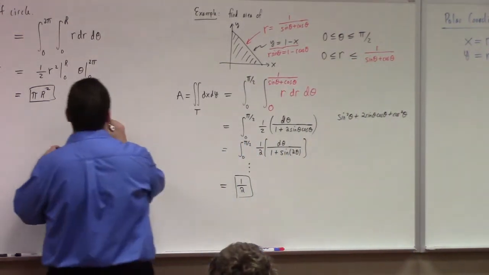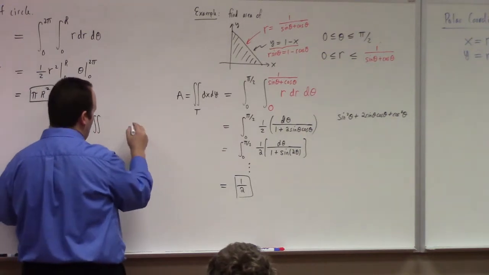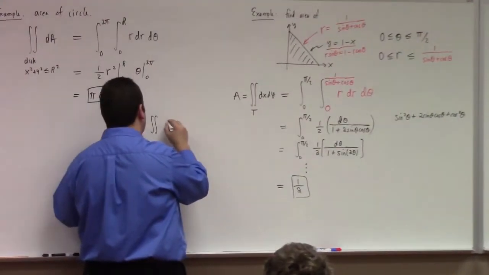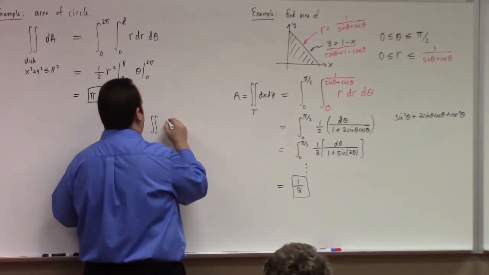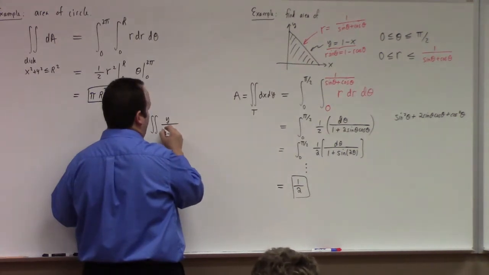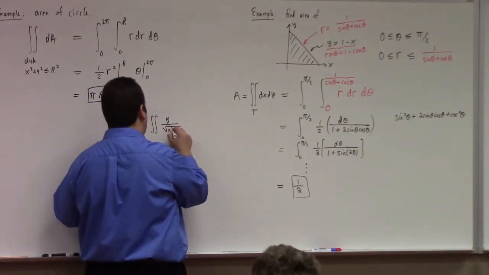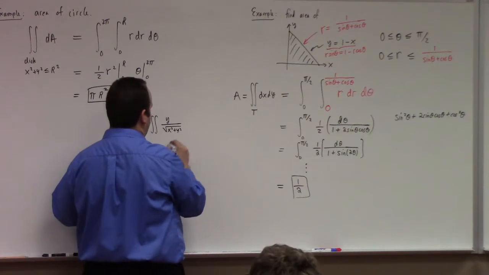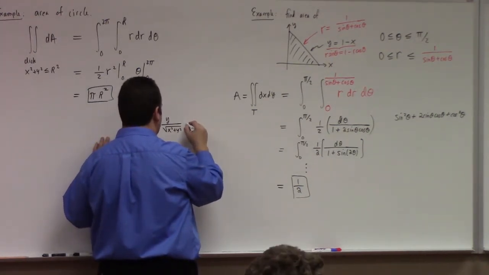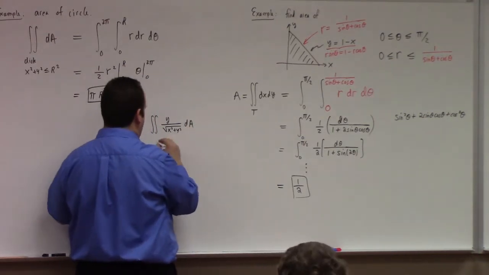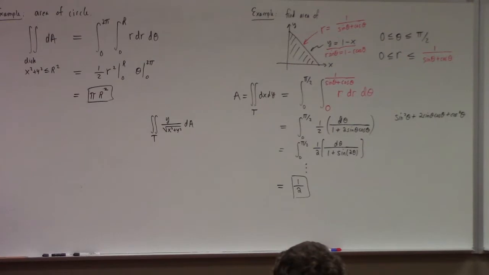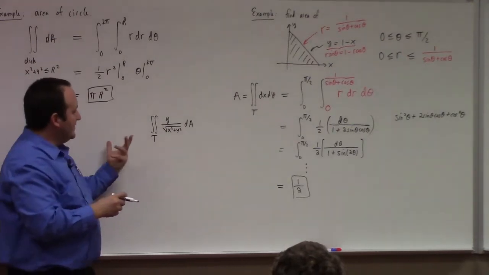Now, here's something. If you were faced with the integral, say, of y over the square root of x squared plus y squared dA over that triangle, then this is not just an academic thing that I've done.